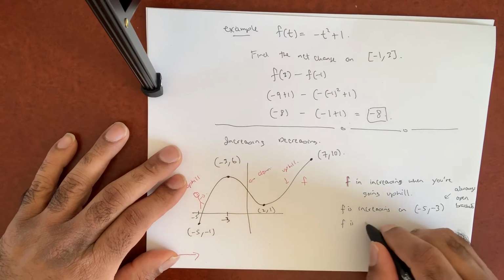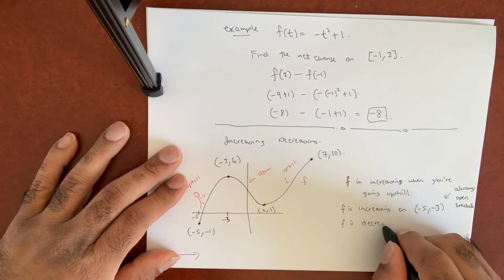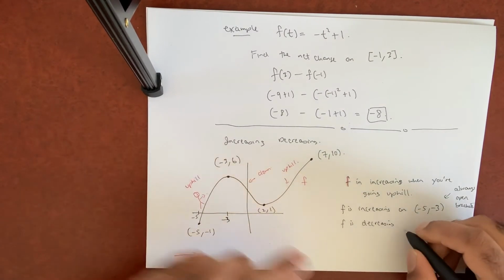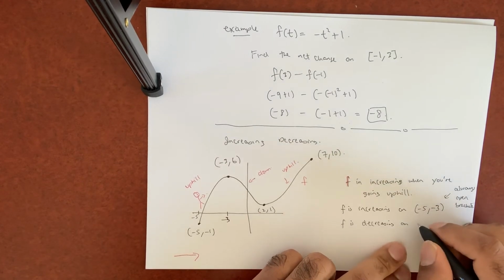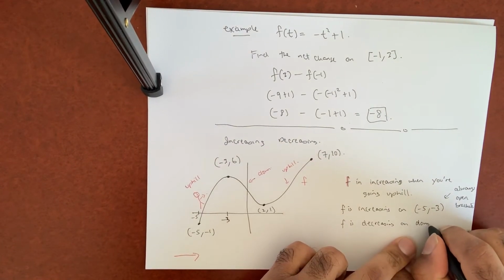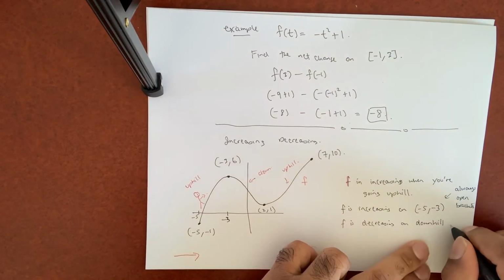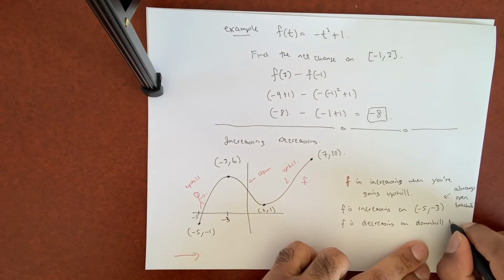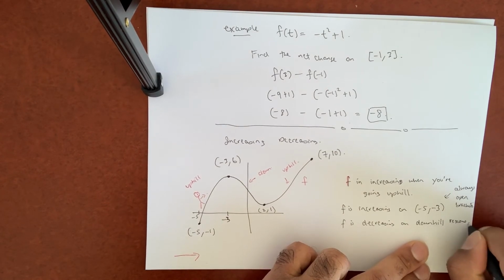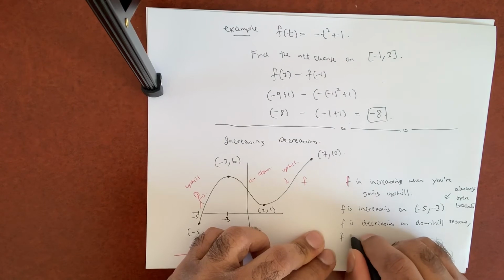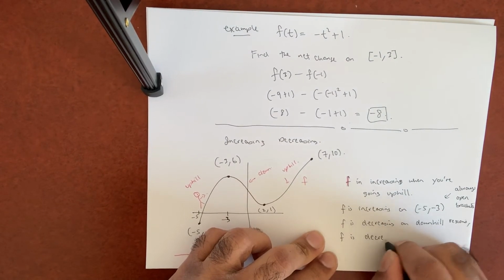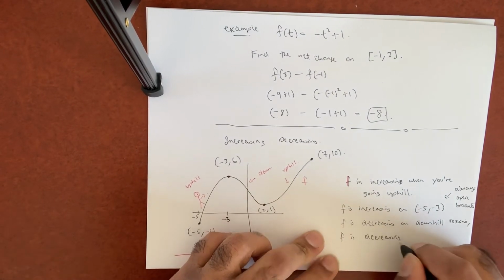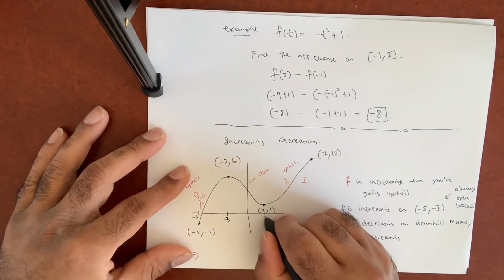f is decreasing on downhill regions. So we say f is decreasing, and we again use the x values. So this is the x value of 2.